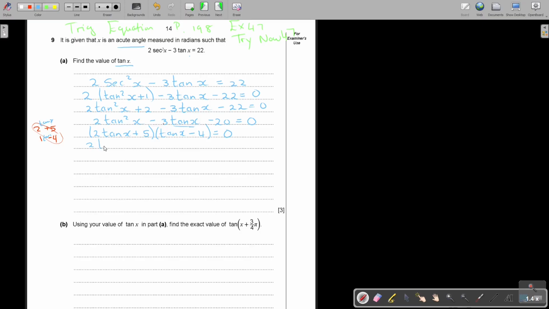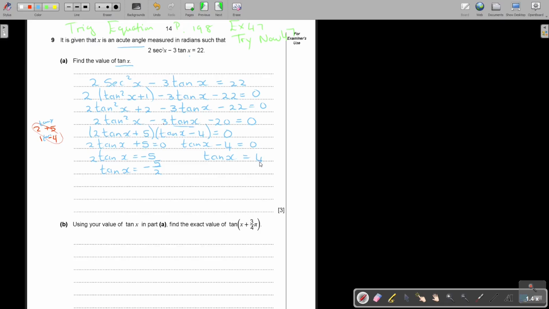So 2 tan x plus 5 equals 0, and tan x minus 4 equals 0. So 2 tan x equals negative 5, so tan x equals negative 5 over 2, and the other is tan x equals 4.